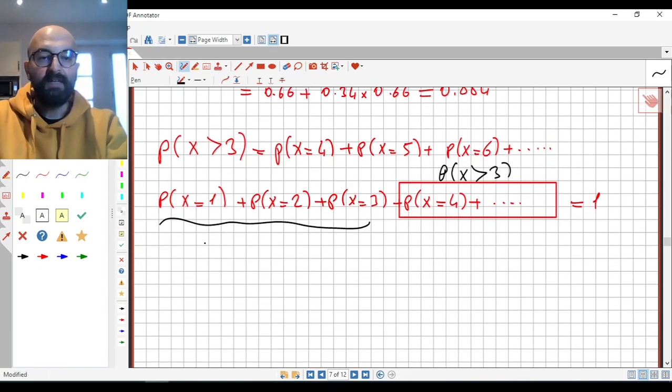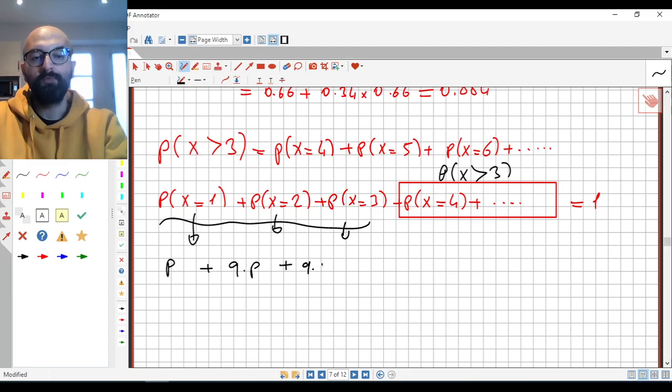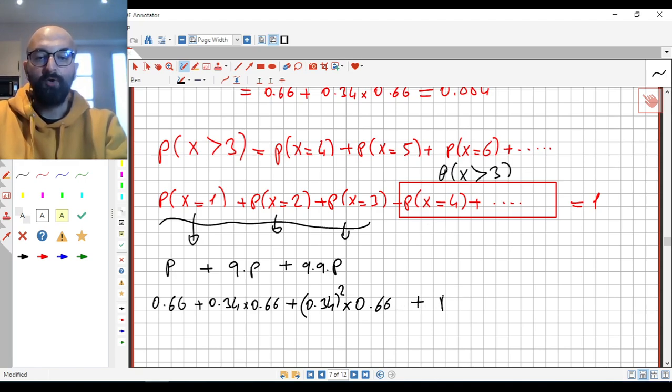So the probability of the first trial is p, the second trial is q multiplied by p, that is 0.66, 0.34 multiplied by 0.66, and 0.34 squared multiplied by 0.66, and we are looking for the probability of x greater than 3.